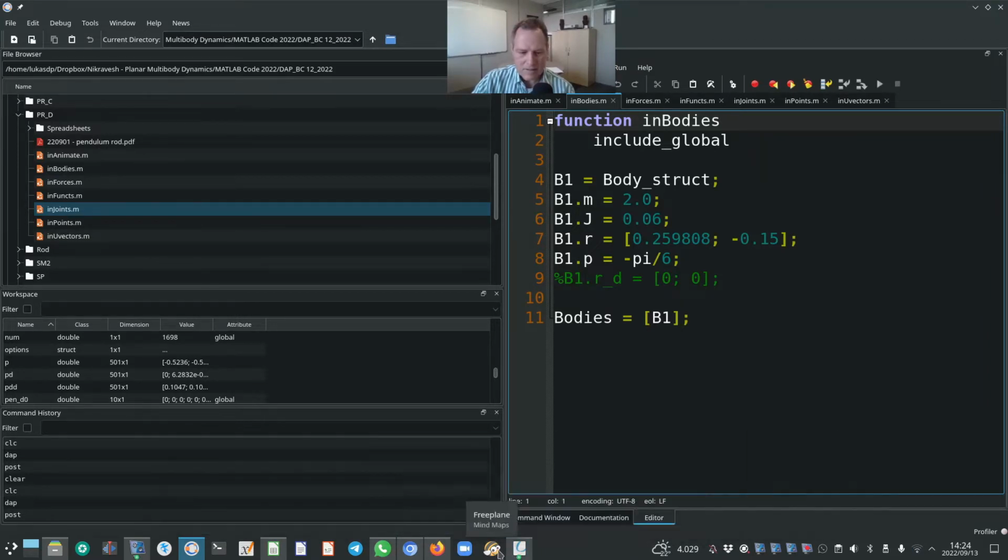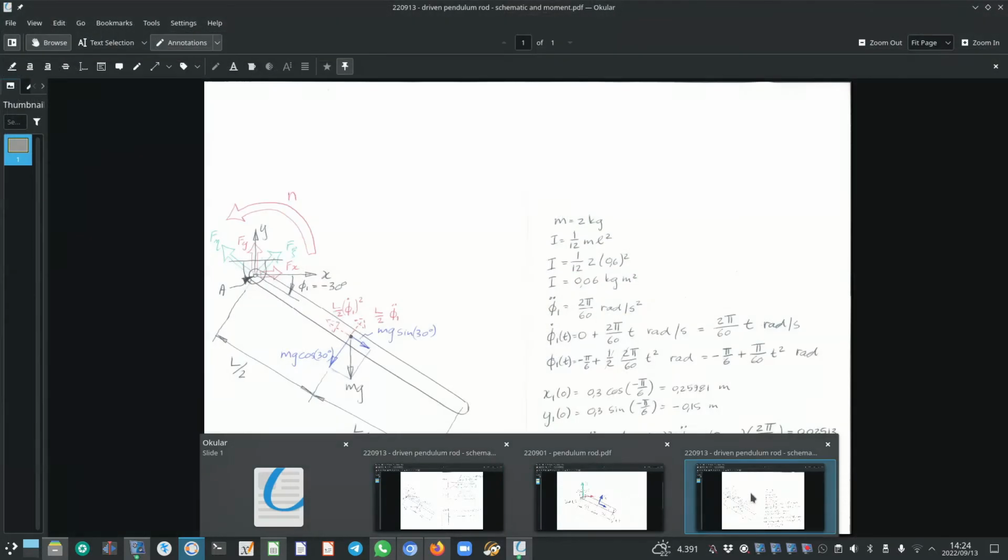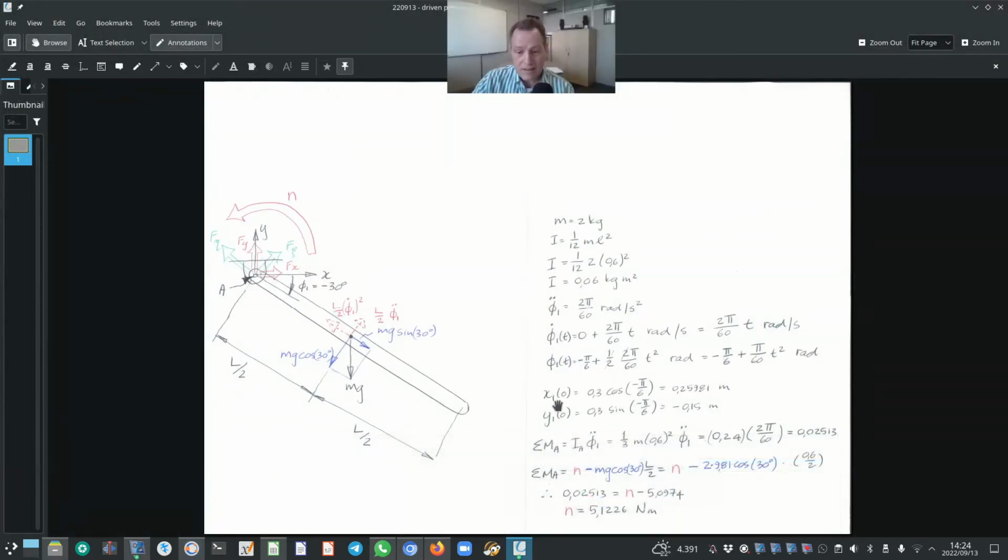In this lecture we already showed how we can actually calculate those values. x1 at time t0 is 0.25981, and the y coordinate at time t0 is minus 0.15. And as we've already mentioned a number of times, the initial orientation is minus 30 degrees, or minus pi over 6 radians.